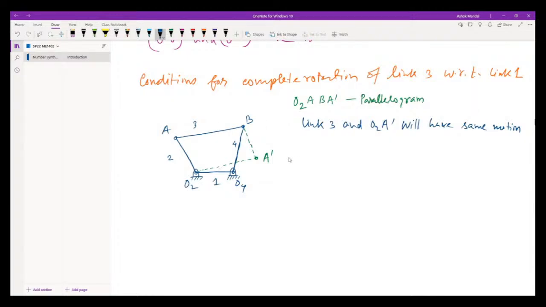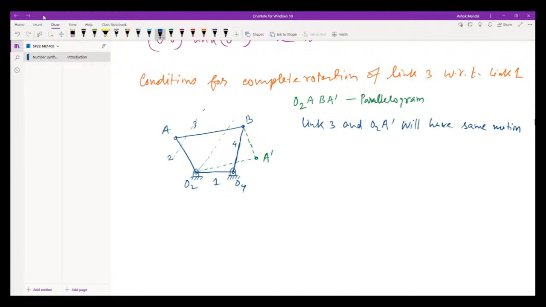So suppose at some other instant, this link 3 comes to this position. Obviously, this O2A dash will have this position.